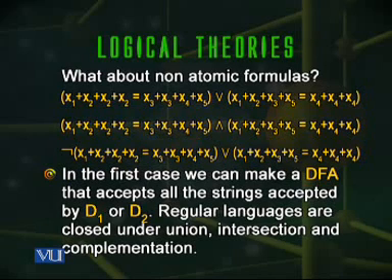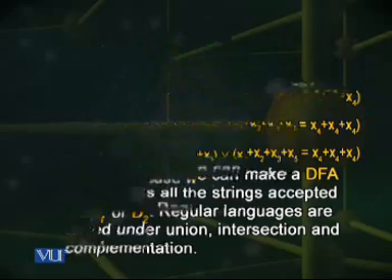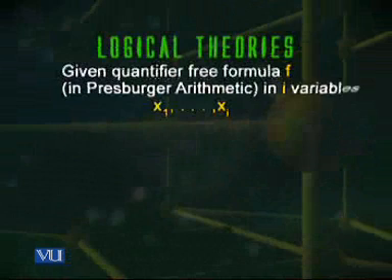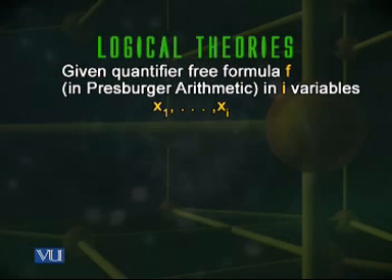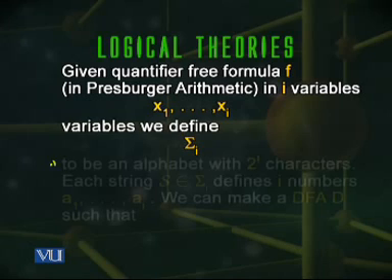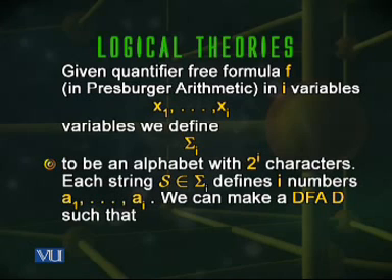So we can make DFAs that accept all strings which represent numbers which satisfy a formula in Presburger arithmetic, as long as that formula has not used any quantifiers. So what have we shown? Let's look at it. Given a quantifier-free formula f in I variables, we define sigma I to be an alphabet with 2 to the I characters, and now each string in sigma I defines I numbers.